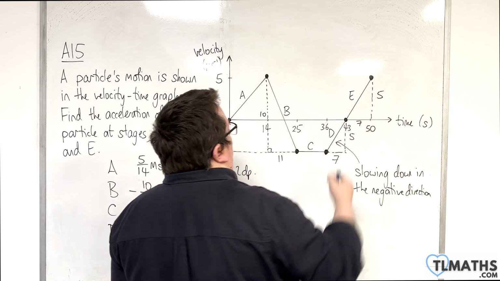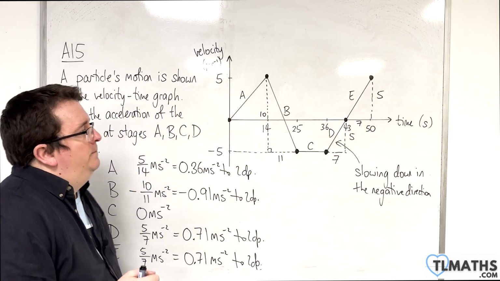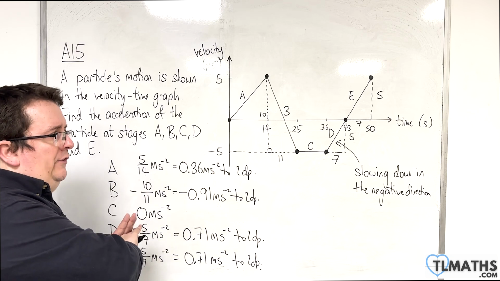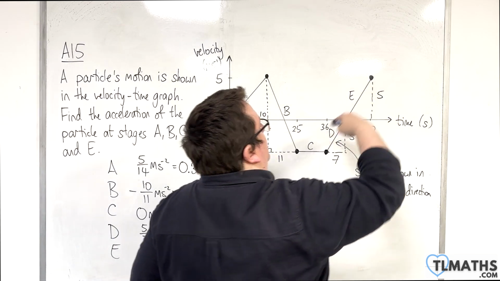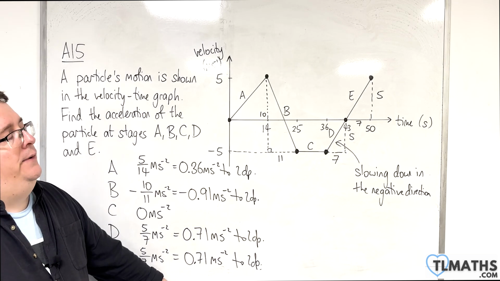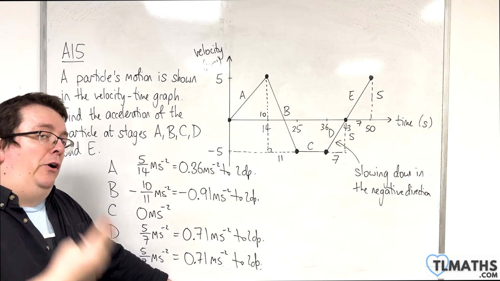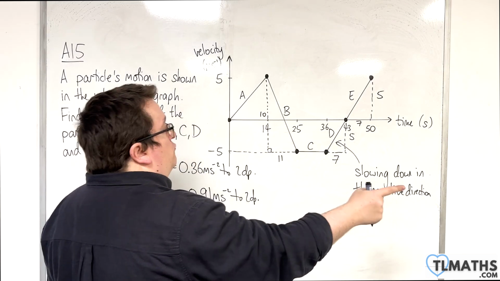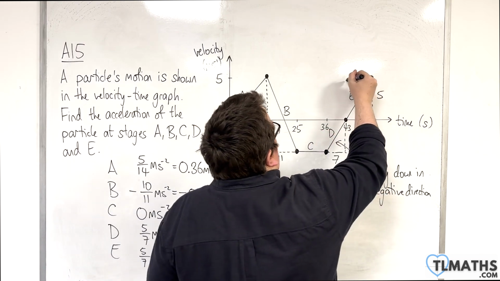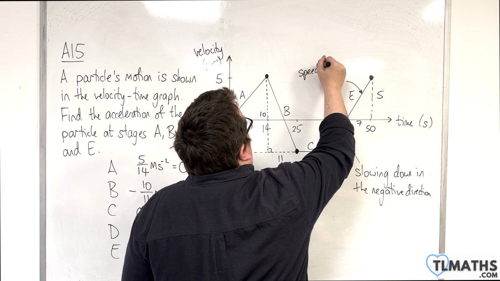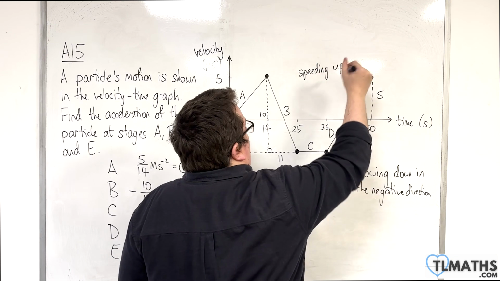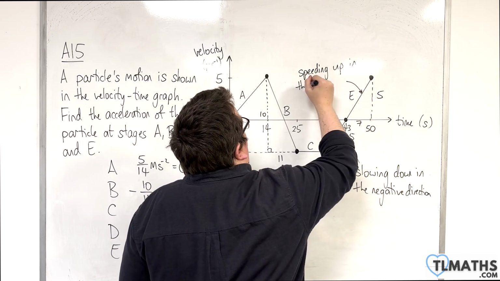And then for this stage, you're starting at 0, and then you're getting faster because you're moving away from the time axis. But because the velocity is positive, that means you're travelling in the positive direction. So this now means that we are speeding up in the positive direction.